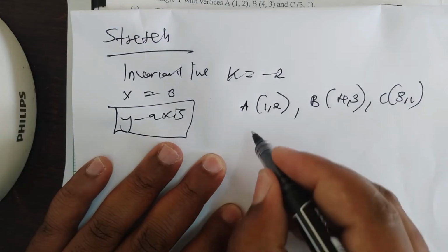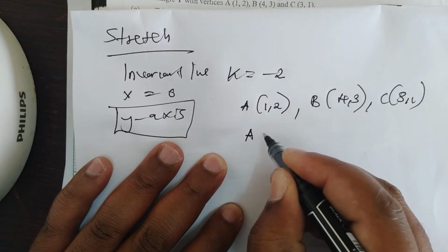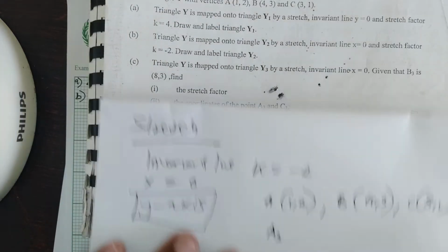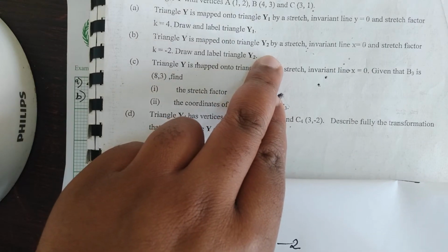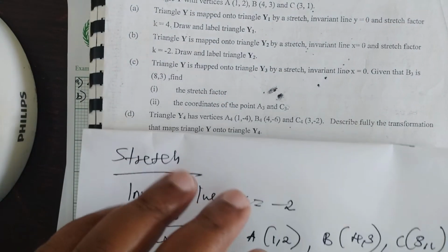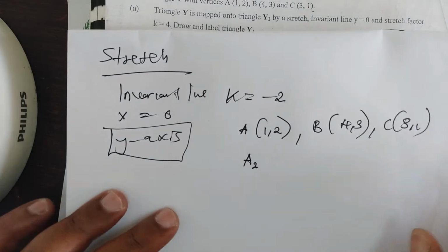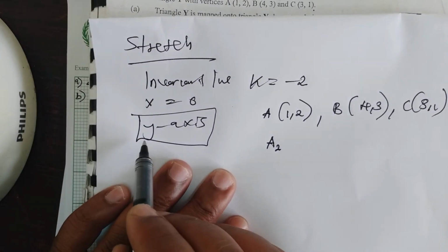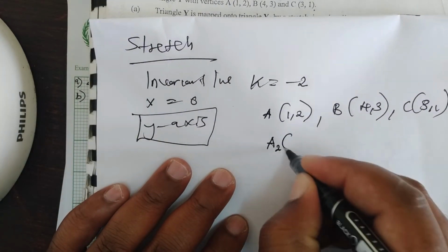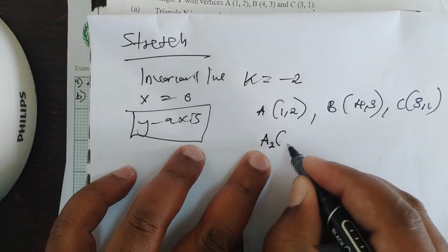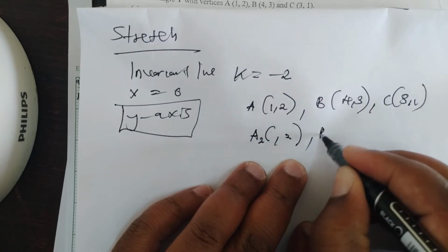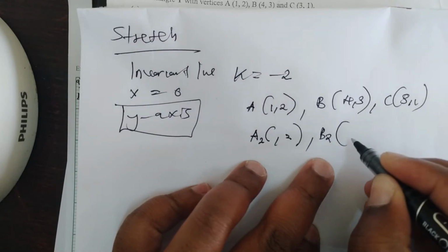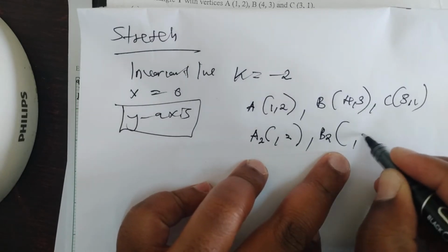We are dealing with y2, so the coordinates should be A2, B2, C2. The invariant line is the y-axis, meaning that what will change is x, y will remain the same.